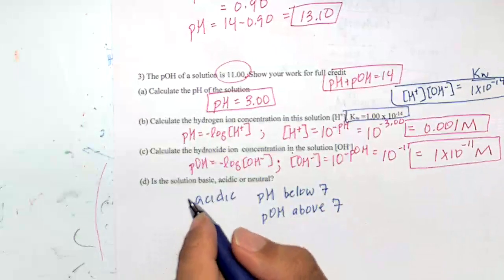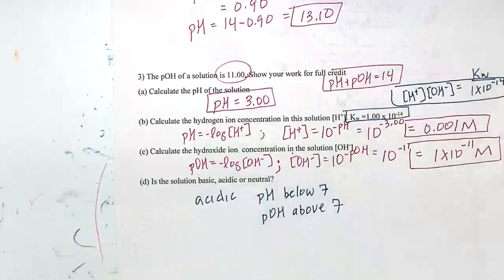This is what makes it acidic. Alright, so these are the types of problems you'll see on Monday's test. We've got three more pages here, so let's go to page 3.